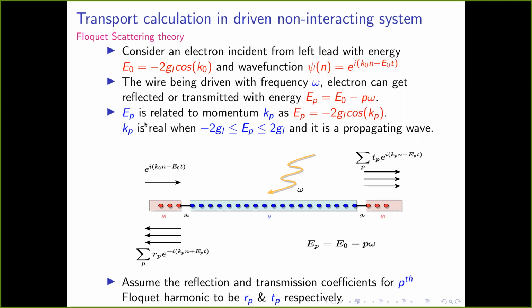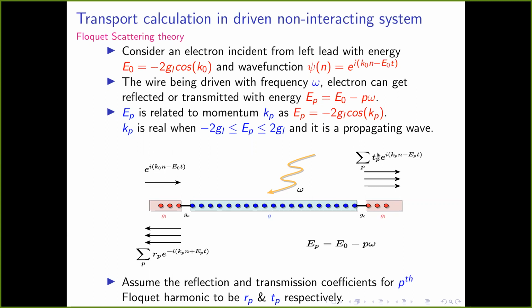So EP is related to the momentum Kp according to this dispersion, but only if this EP lies between the allowed energy values of this lead, which is minus 2gl to plus 2gl, then Kp is real, and the transmitted or reflected wave is a propagating wave. So this is the electron coming in, this is the system, and so P are Floquet harmonics. It can gain energy in integer multiples of omega.